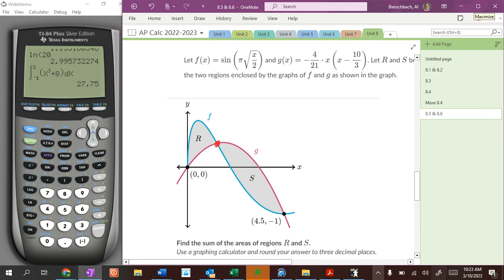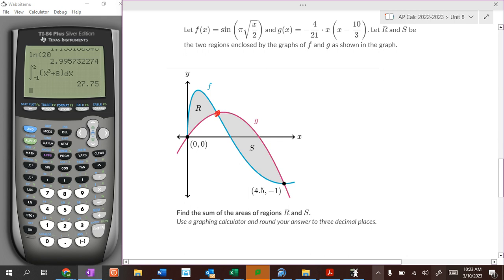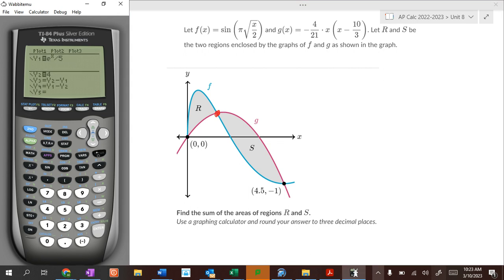Okay. So we go y equals, clear. So it's going to be the sine of pi times the square root of x over 2, parentheses.